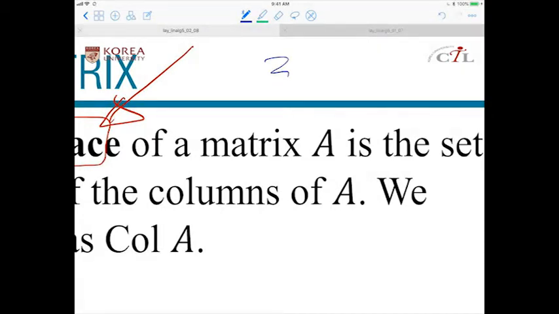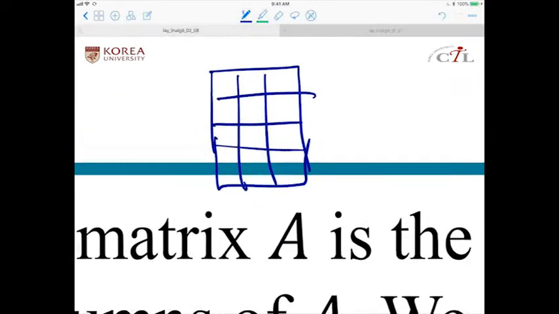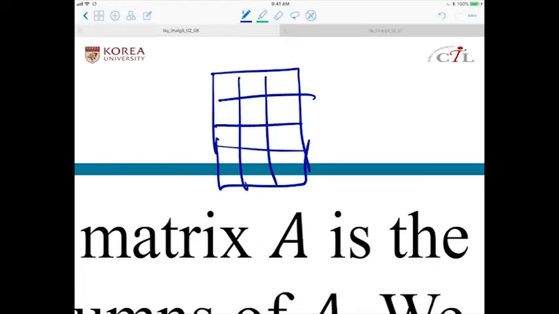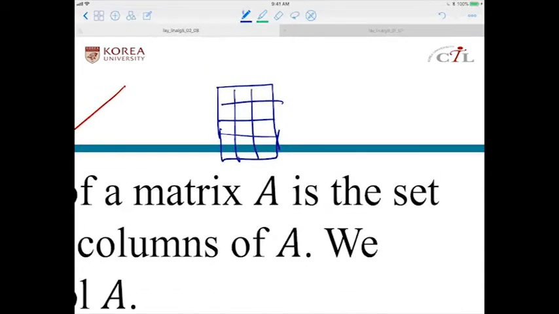Suppose we are given this size of a matrix, and then we are basically given 3 columns, right? And then we can think of the span of these 3 columns, and that span is actually a subspace, right? So that is called the column space of A, and that is part of R4, right?